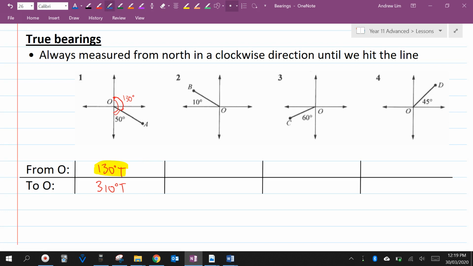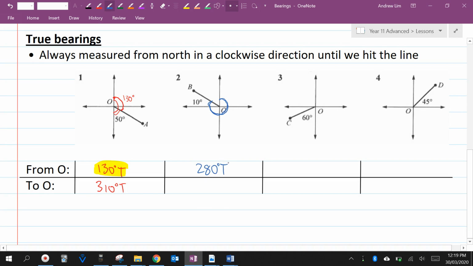So let's have a look at question 2. I want the bearing of B from O. So from O means north of O in a clockwise direction until I hit that line. So that's 90, 180, 270 plus 10 is 280 degrees.